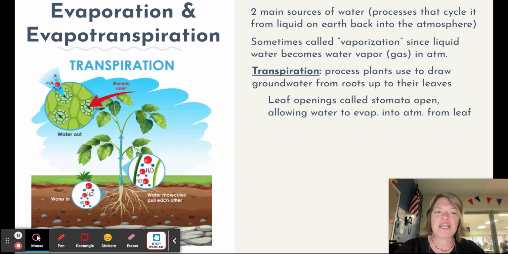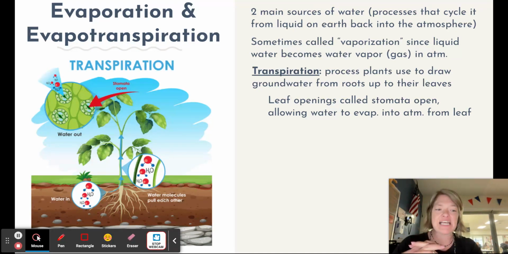The leaf openings are called stomata, and you can see those right here on this diagram. Plants open up those stomata, and the water evaporates through those openings on the underside of the leaf.